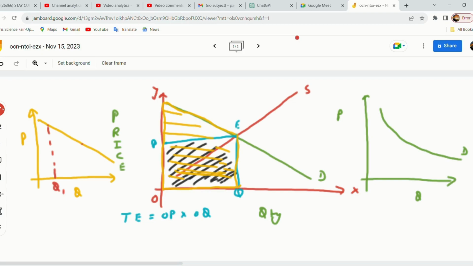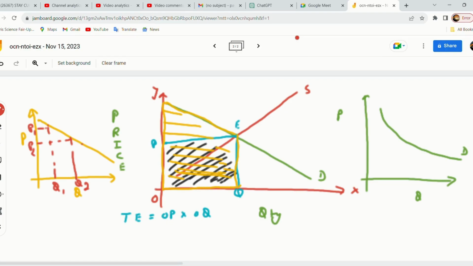This is quantity Q1, this is price P1. This is quantity Q2, this is price P2. Now these prices are not those prices which the consumer is actually paying to buy that good. These are basically the prices which a consumer is willing to pay for these quantities.